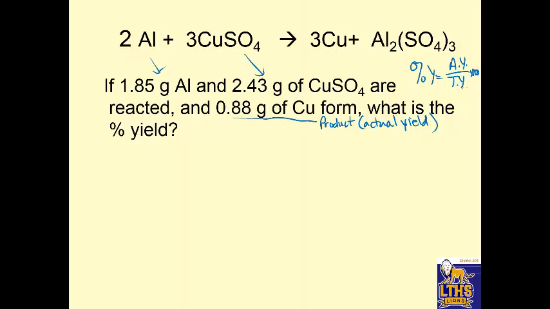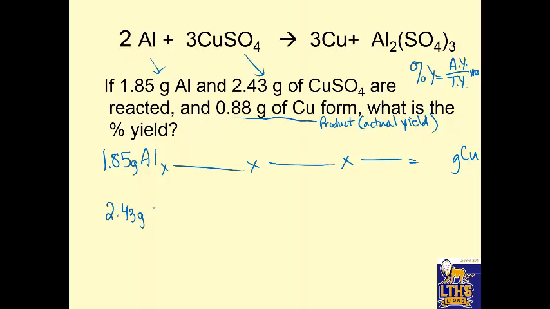Now, theoretical yield has to come from stoichiometry using the limiting reactant. So here we go again. Let's take our given amount of aluminum and turn it into grams of copper. Why copper? Because the product they tell us about is copper, so we have to change our reactant into copper. And then, 2.43 grams of copper sulfate, and do the same.